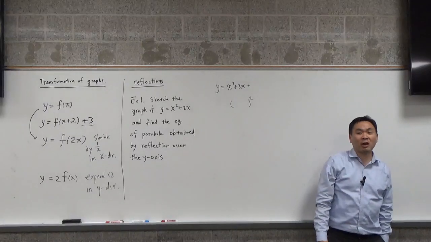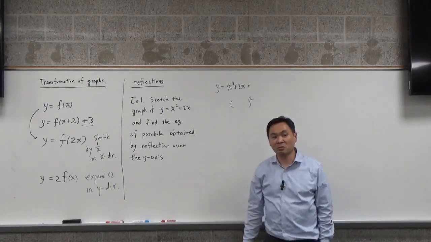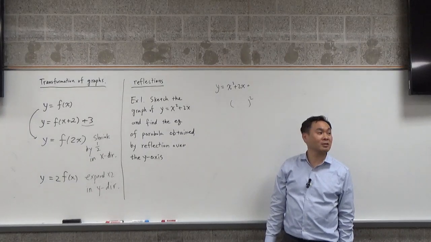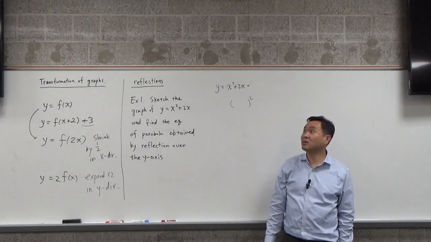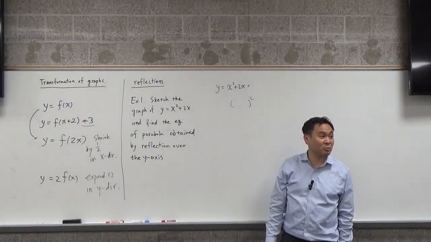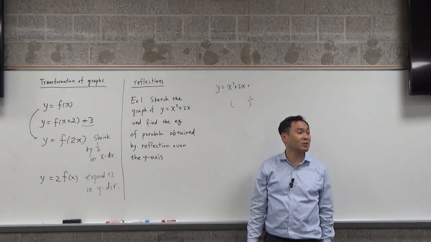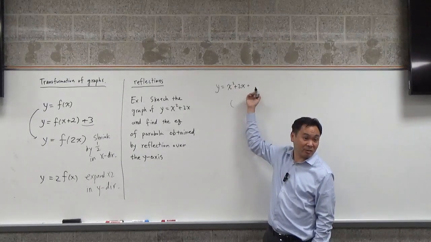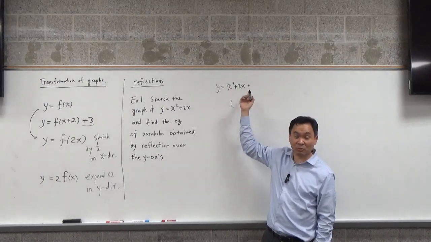Okay, do you recall what the algorithm was? We're talking about some algorithm to complete the square. What was it? Plus 1. How did you get 1 though? You take half of the middle and you square it.